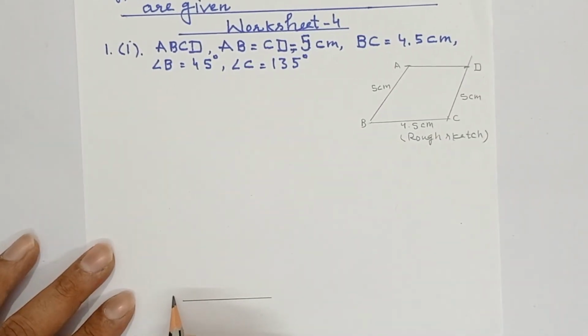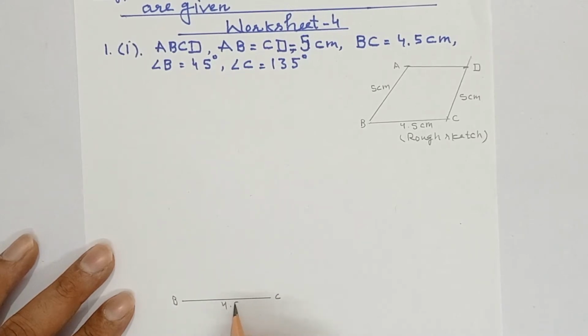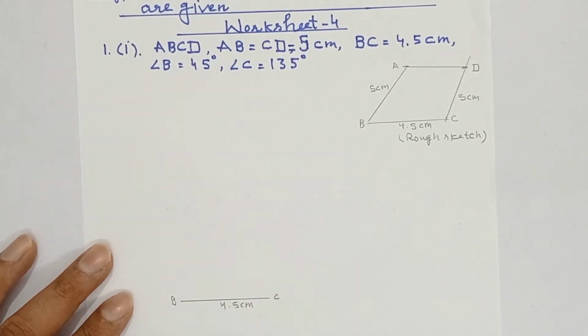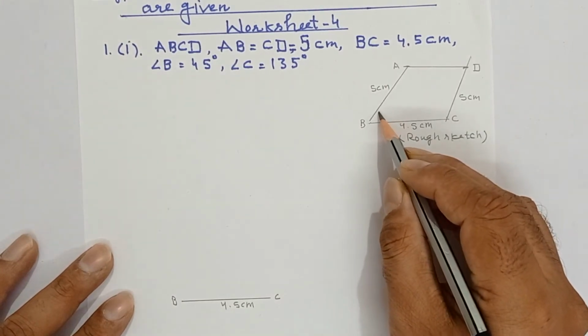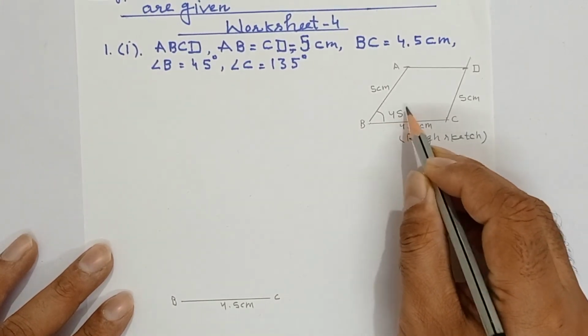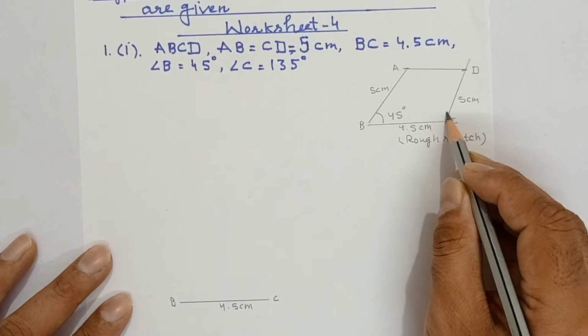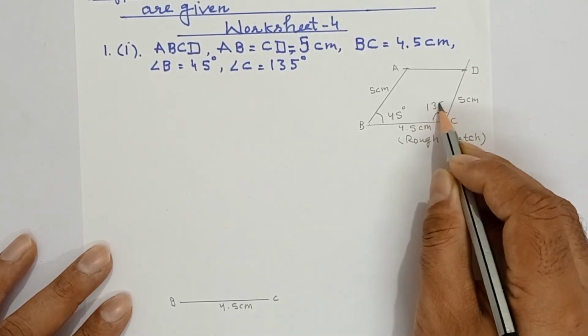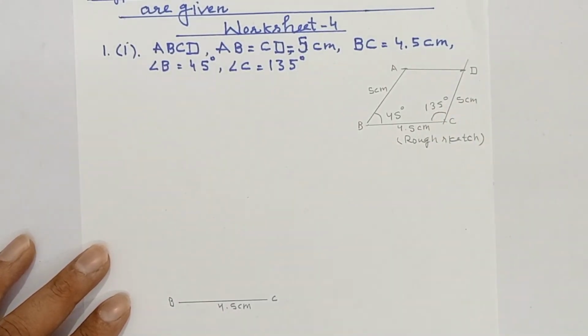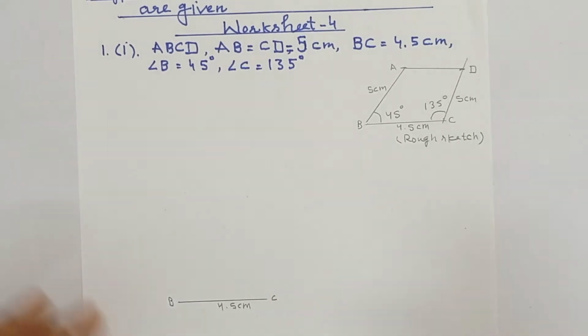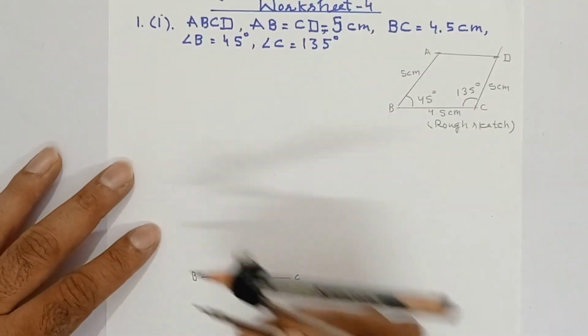Label it BC, 4.5 centimeter. Here also in a rough sketch you need to write angle B is 45 degree and this angle is 135 degree. So for 45 degree we need to make 90 degree.